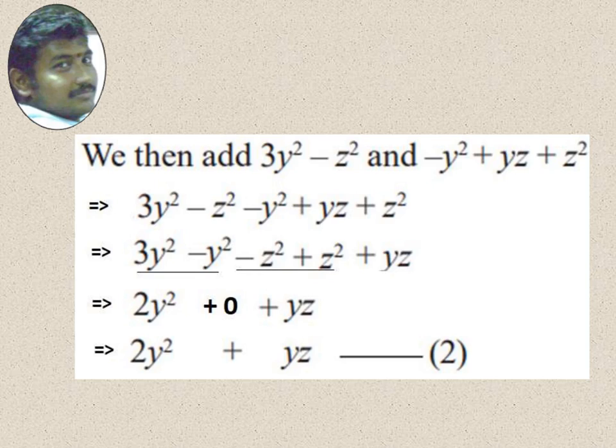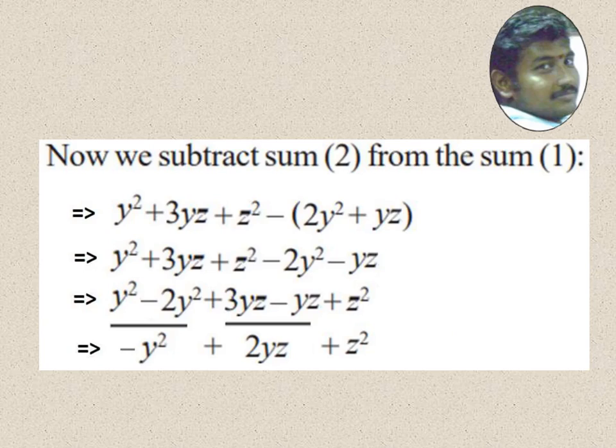When we add 3y square minus z square and minus y square plus yz plus z square, like terms y square give 2y square, z square gets cancelled, then we get yz. This is the second sum. The first sum we already saw, that is y square plus 2yz plus z square. So subtract sum 2 from sum 1.